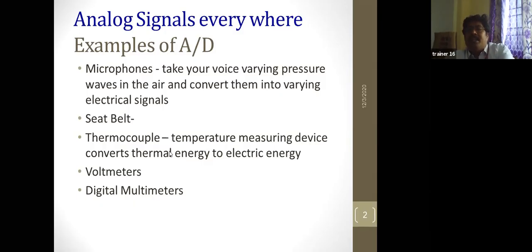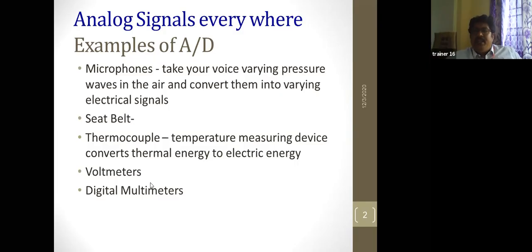42.53 degrees centigrade, displayed on the board. So now are you understanding? Voltmeters are the same. Of course, you already did some experiments in the BEEE lab. There are some analog voltmeters where we note down the readings. The voltmeter measures an electrical voltage signal.